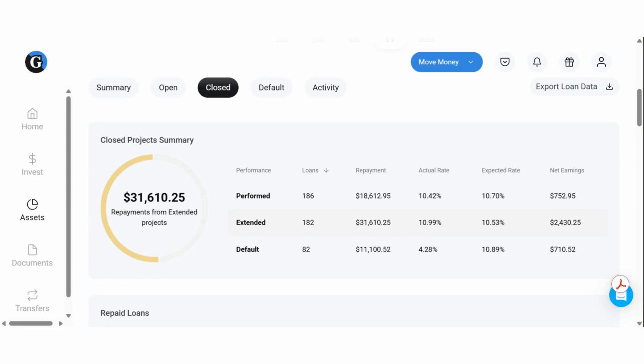Some actually had to be extended, which means they just took a little bit longer, but also not bad. My actual rate of return was better than what was expected. And there's the problem children, the defaults. Yes, definitely some of them fell into that category, and even though I was expecting about a 10.89% return, they returned something back, which is better than nothing, but yes, this is the risk part of it.